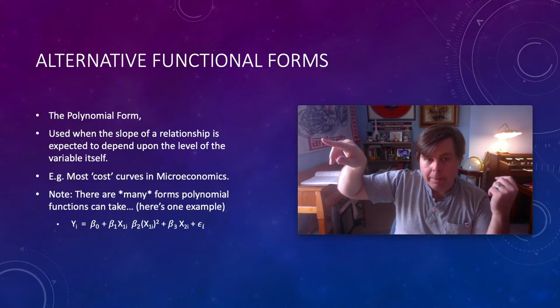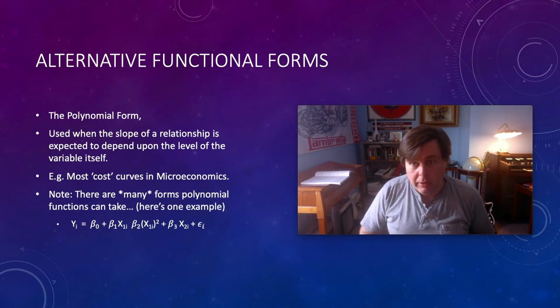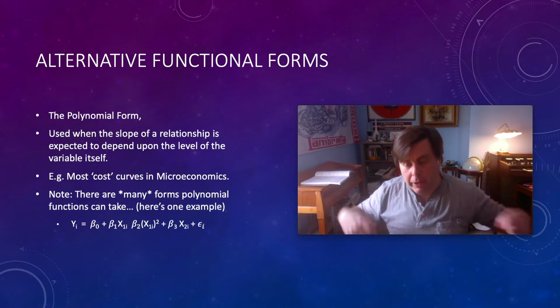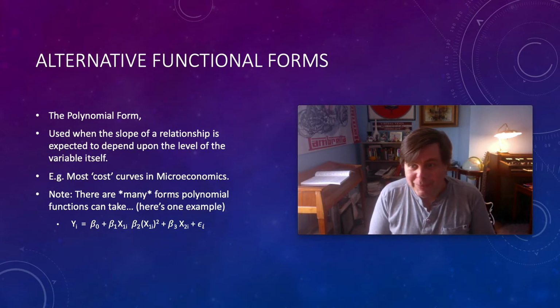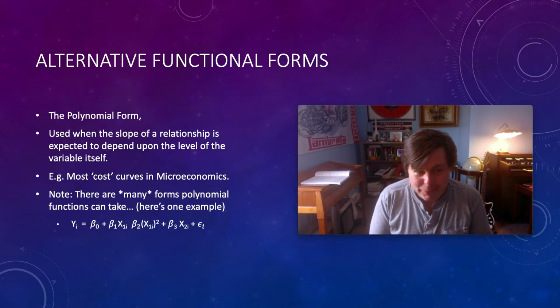And there are many, maybe infinite, probably, right now mathematicians are going, there's infinite. I'm not a mathematician, I'm an economist, so I'm always concerned about what math can do for me, not math itself. But in econometrics, certainly there are many polynomial forms that we utilize to estimate different types of relationships.